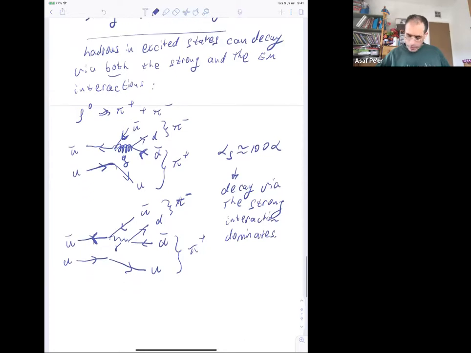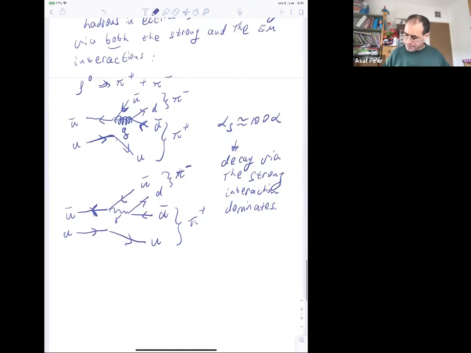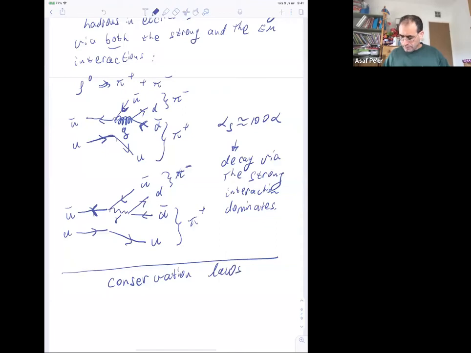Okay, last thing, which I'm going to revise with you in the tutorial that is coming right now, but let's finish that first, is conservation laws in the standard model. As we know in physics, conservation laws are an extremely strong tool in general, and of course they are essential in particle physics.